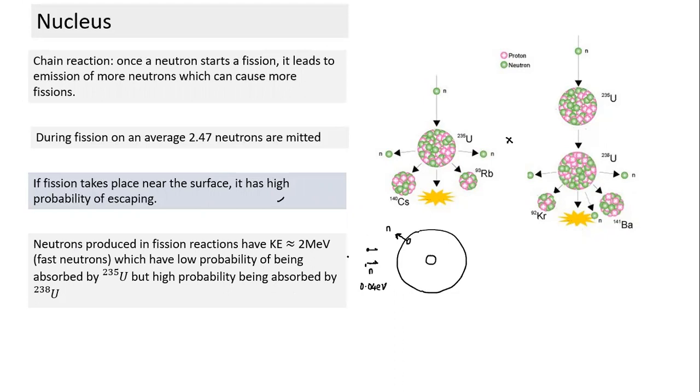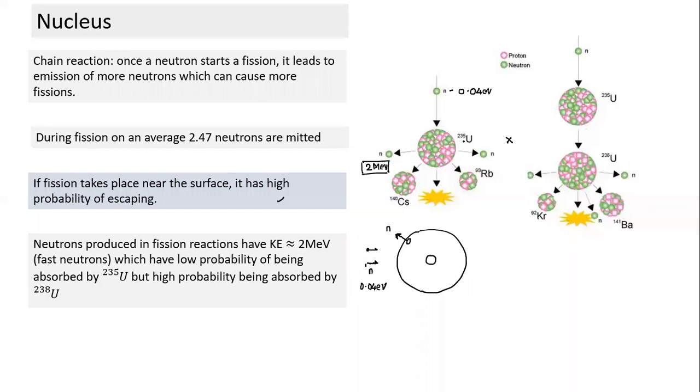Second, the bombarding neutrons are slow moving, which we call thermal neutrons. The neutrons which are generated have different levels of energy, of the order of 2 million electron volts, extremely much higher. When kinetic energy is of this order, it has a low probability of being absorbed by this nucleus.